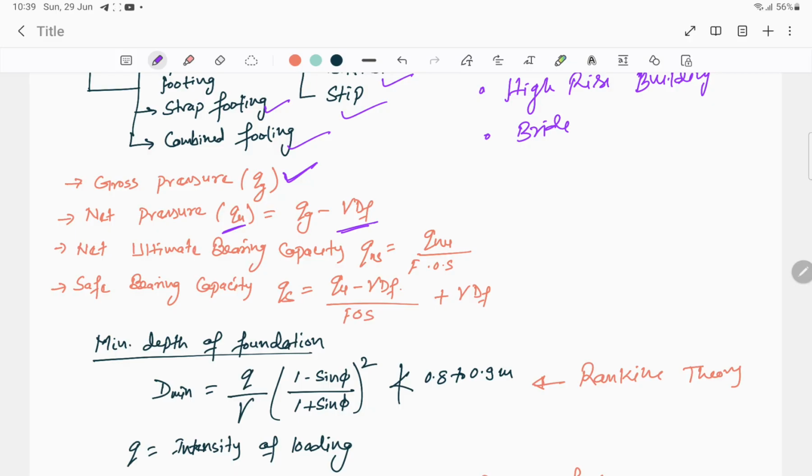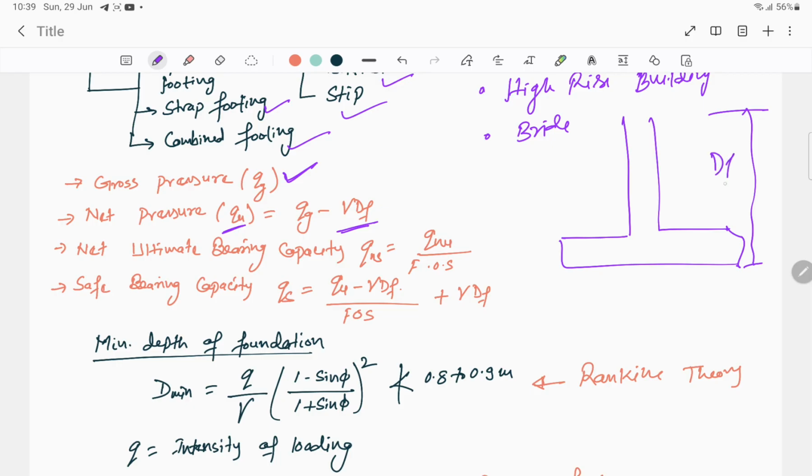Whatever be the depth of footing, you know the footing is always below the ground level. Suppose here is the footing. So this is called the depth of the footing, and the ground level is basically here. So this depth is called the depth of the footing. That much overburden pressure, this soil pressure, is coming on the footing.